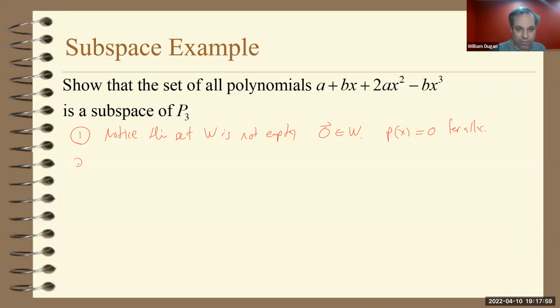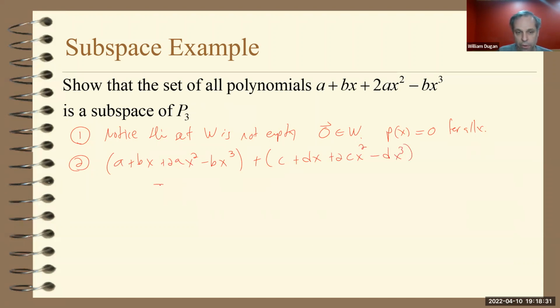The second thing is, let's take two polynomials in here of this form and add them. Here is one such polynomial for a choice of A and B. Now I need to add another one, and I can't use A and B, so I'll add something of the same form: C plus Dx plus 2Cx squared minus Dx cubed.